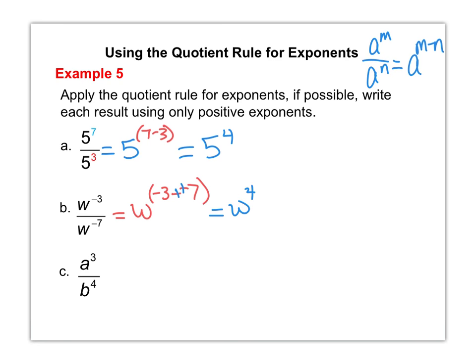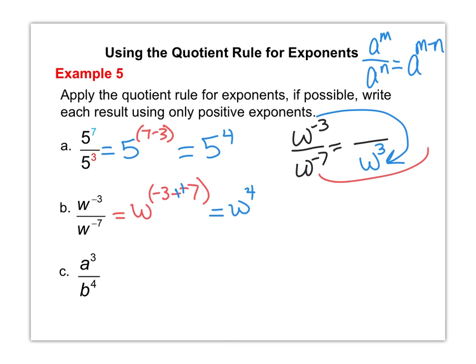Another way to take care of this problem, or an alternate approach, is to rewrite this as positive exponents first and then use the quotient rule. So this w to the -3 in the numerator, we're going to bring it to the denominator as a w to the +3.